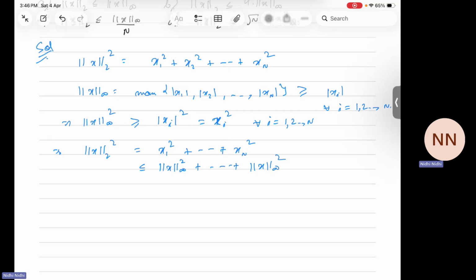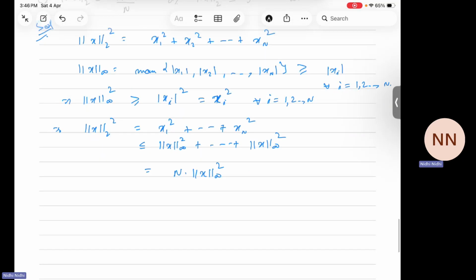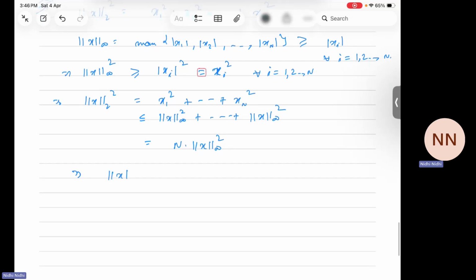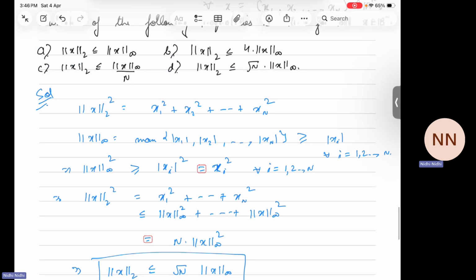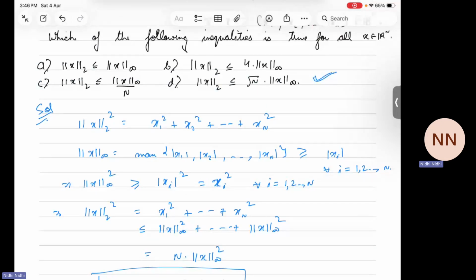So this is just n times the supremum norm square. That means the Euclidean norm, taking the square root on both sides, is less than or equal to root n times the supremum norm. This was our option 4. Therefore, option D is correct.